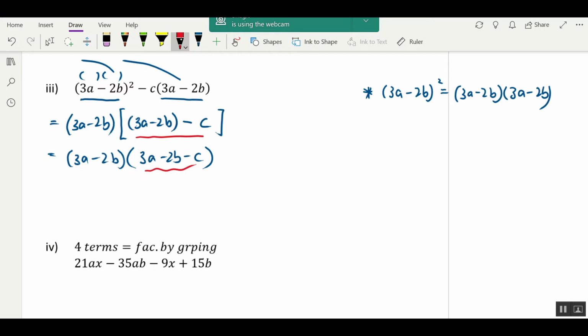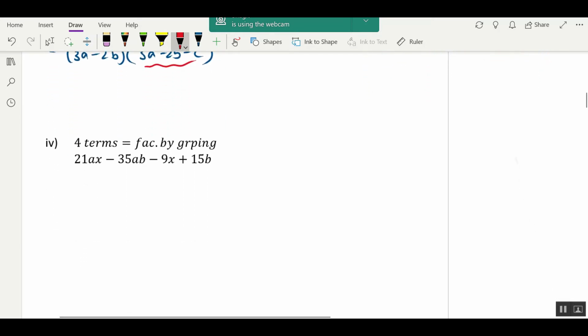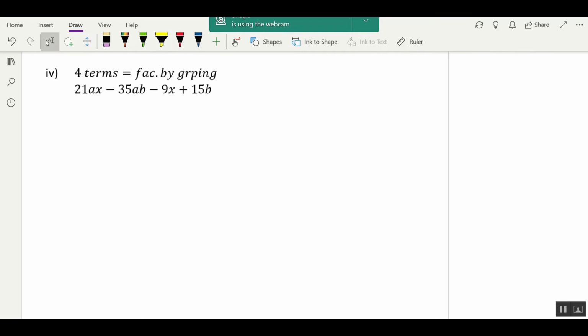Most of the time, when you see 4 terms, it is factorization by grouping. And how to do factorization by grouping easily? Always underline 2 of them differently. And check, 21ax minus 35a. What can I factorize? I can factorize 7a.